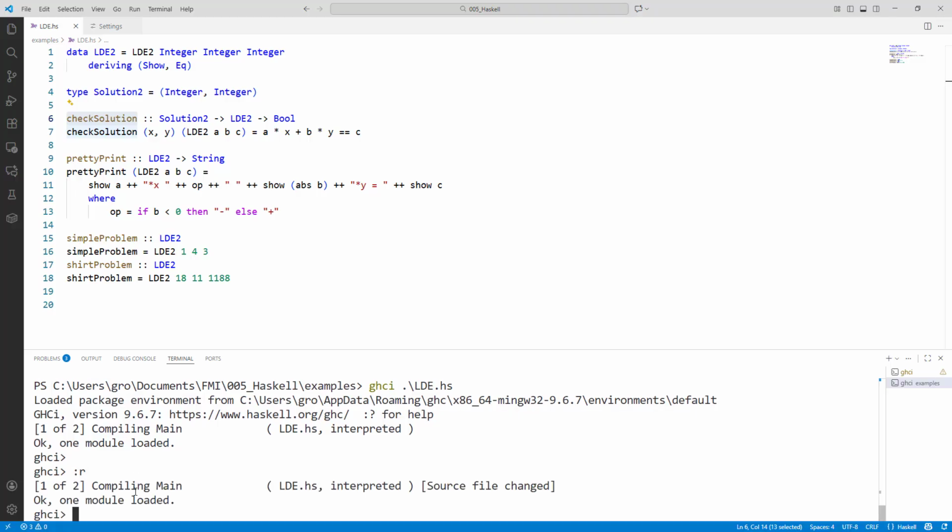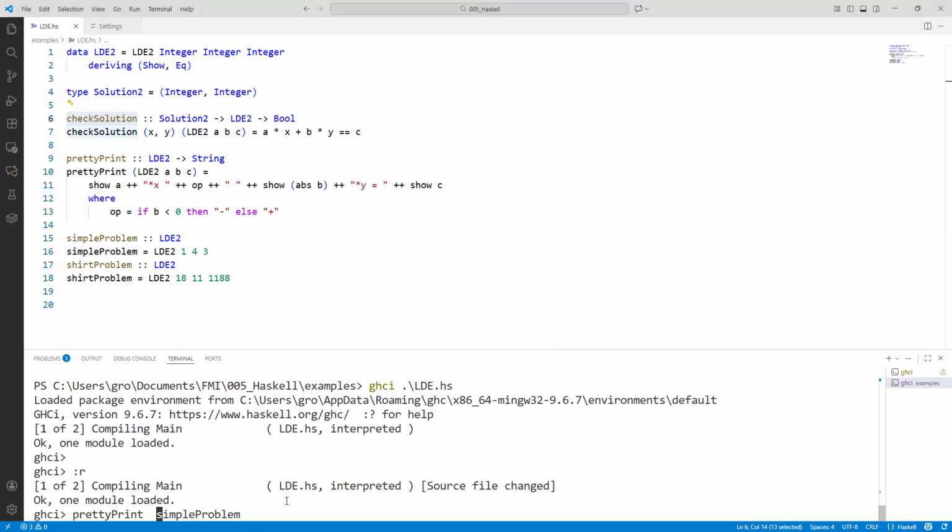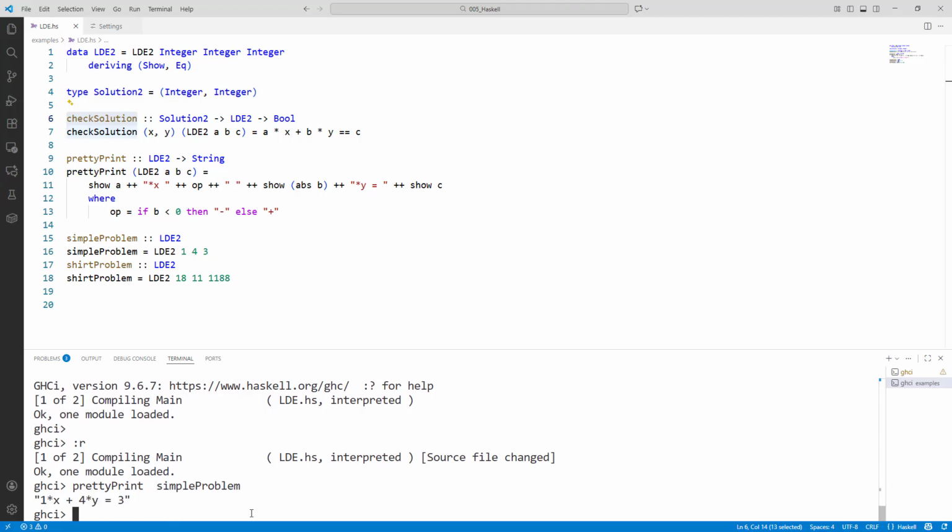So quickly reload and then say prettyPrint, the simple problem. And the simple problem had the following solution, which was 1 and 3 and 0. So this is how prettyPrint LD2 is going to print it.